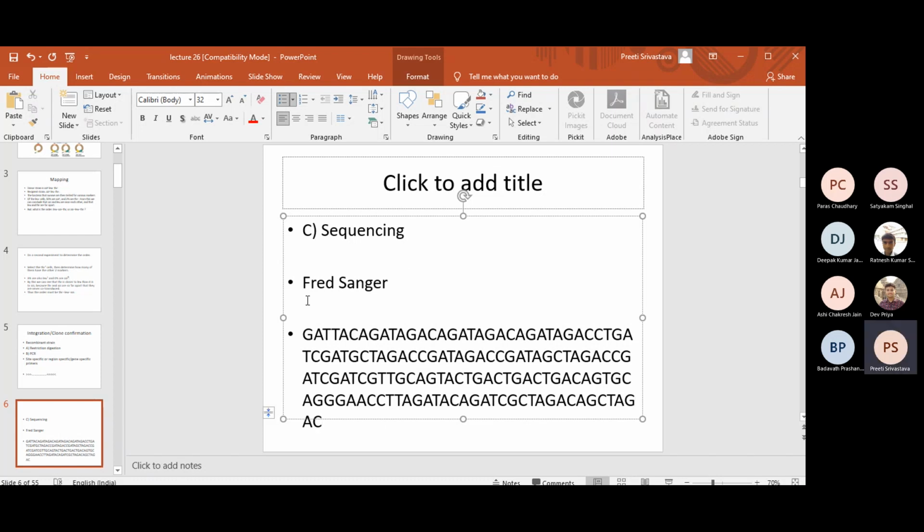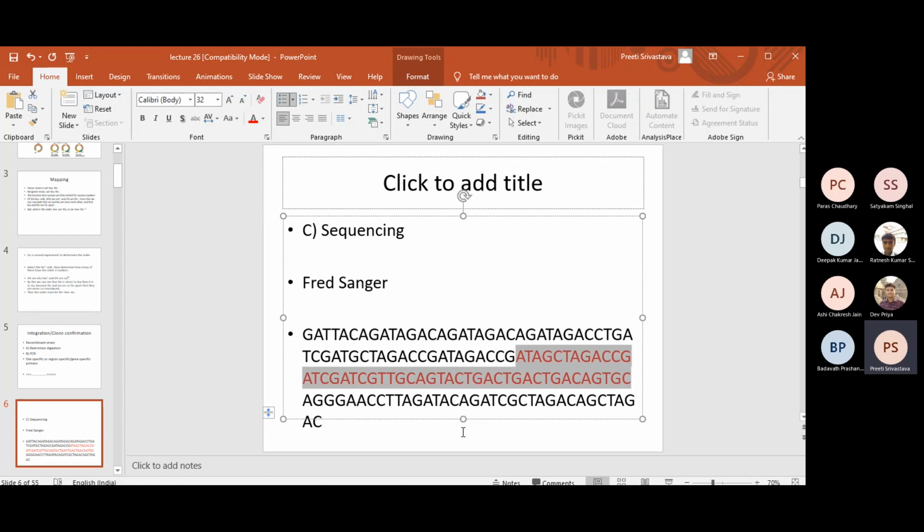Something like this. Now what you imagine is, let's say I have made an integration over here, and let's say this is the sequence which I have integrated in the chromosome. Change color. Okay. And the black part is the one which is the host DNA.